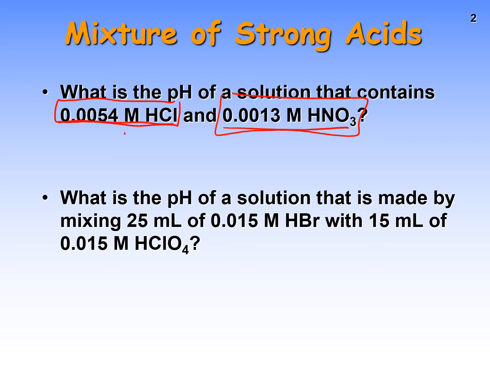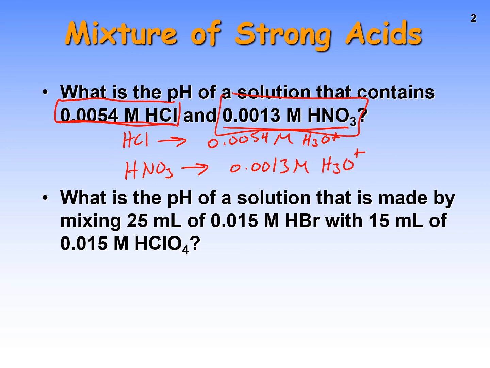Well, that means from the HCl, the solution contains 0.0054 molar H3O plus, and from the HNO3, the solution contains 0.0013 molar H3O plus. Now, then the total H3O plus is just really the sum of these two, because they're already in the same solution.